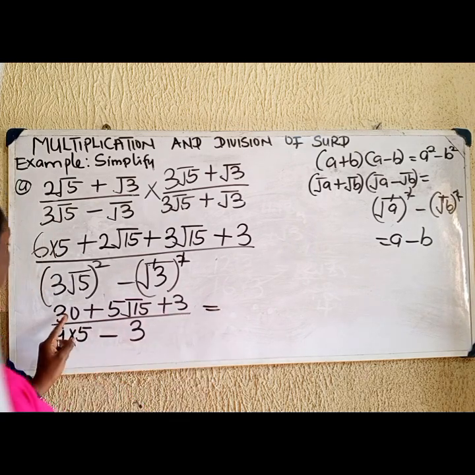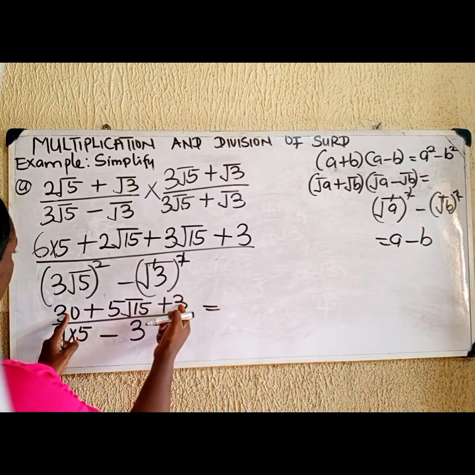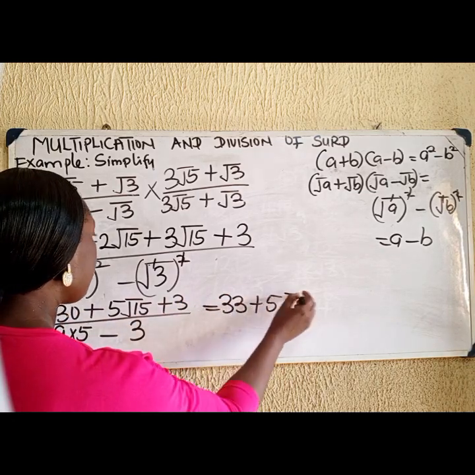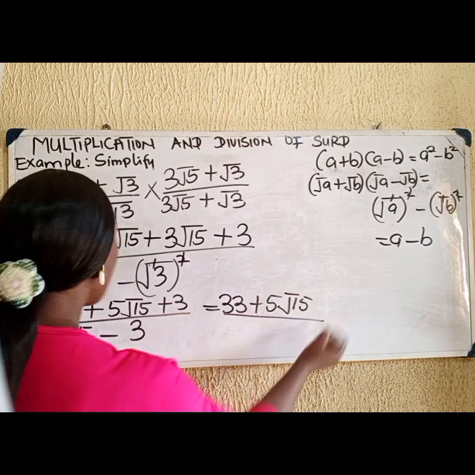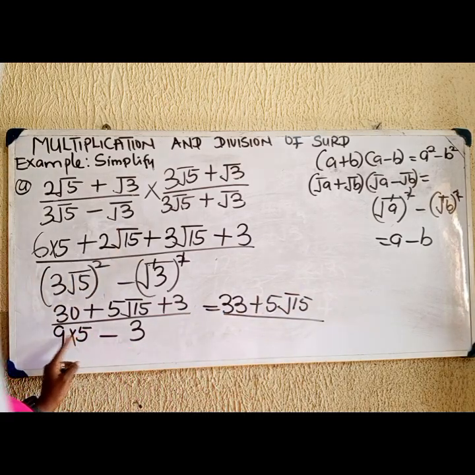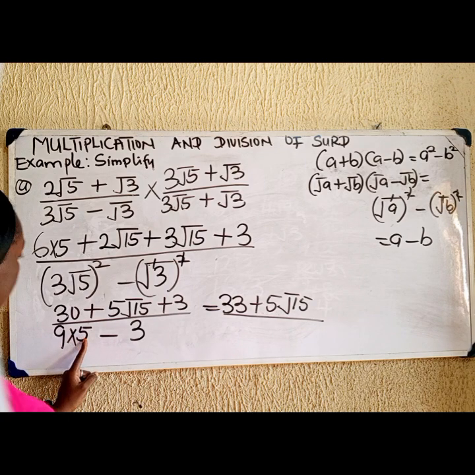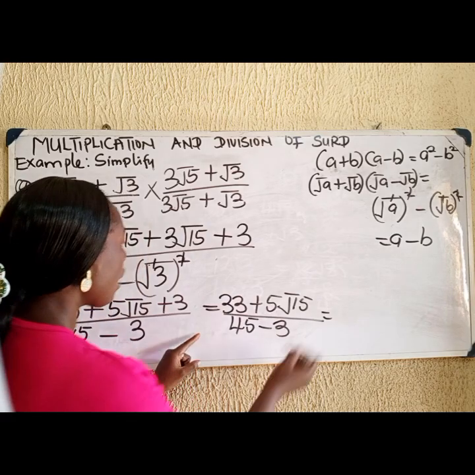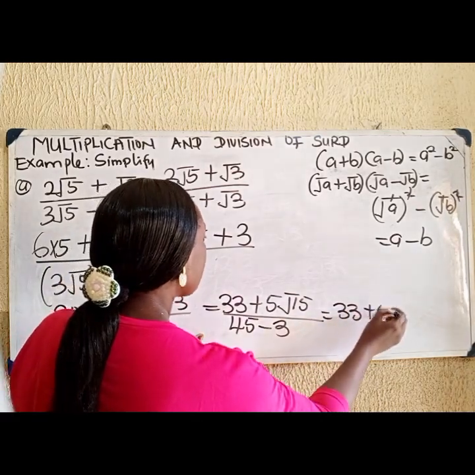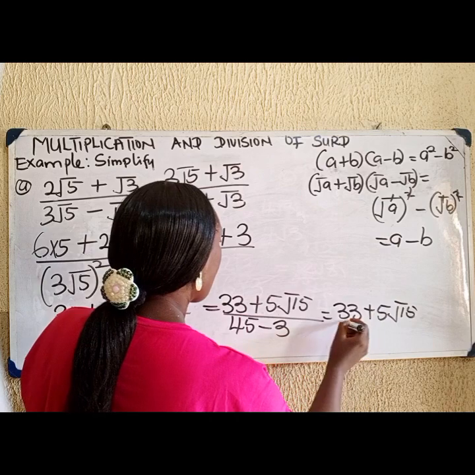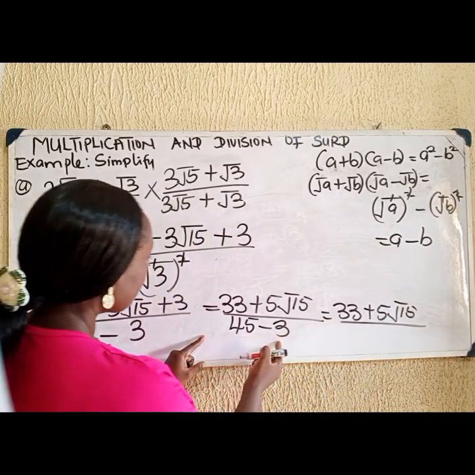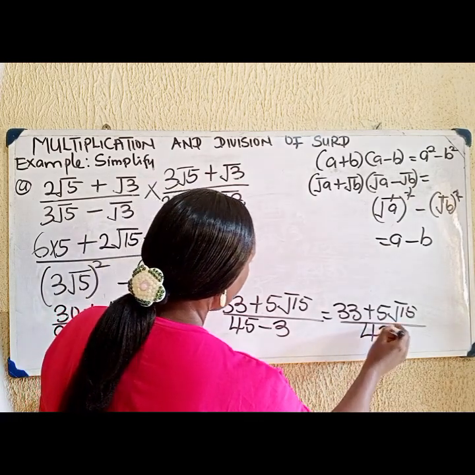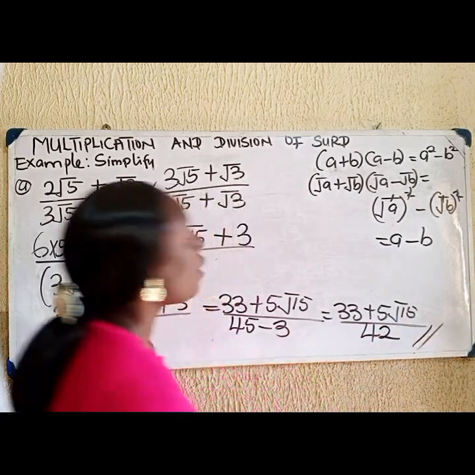Now from here, 30 plus 3 will give me 33 plus 5 root 15, all over 9 times 5, which is 45, minus 3. Finally I will have 33 plus 5 root 15 all over 45 minus 3. 45 minus 3 will give me 42. And that is the final answer.